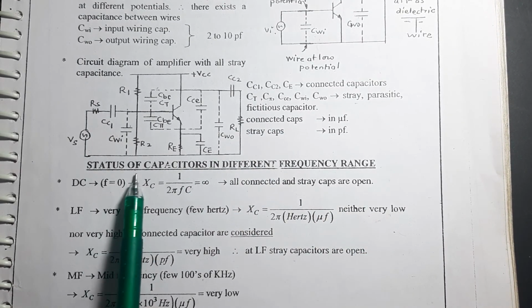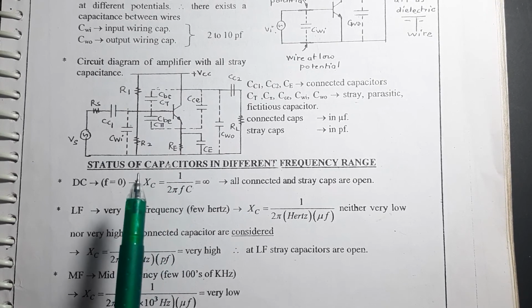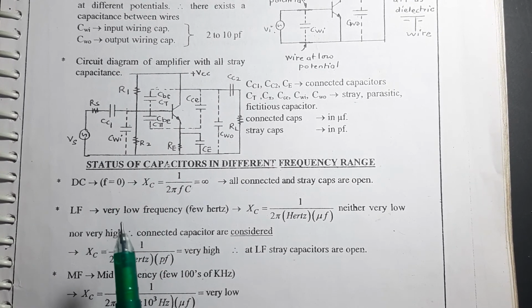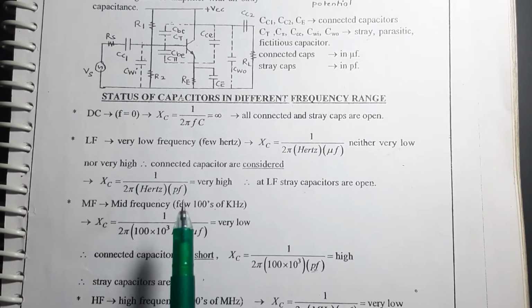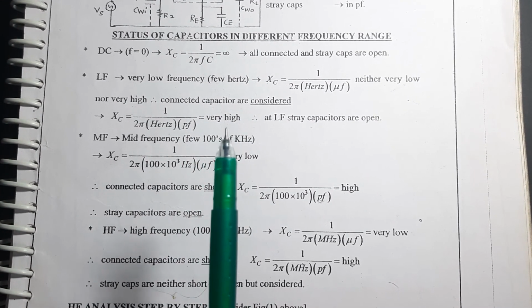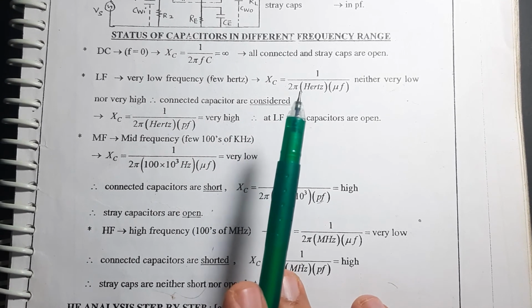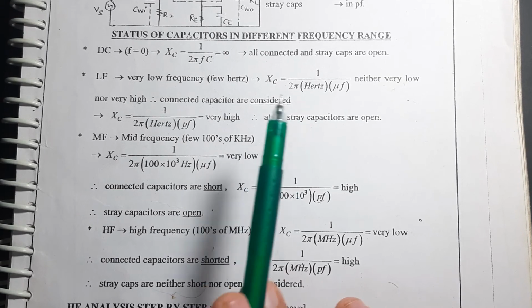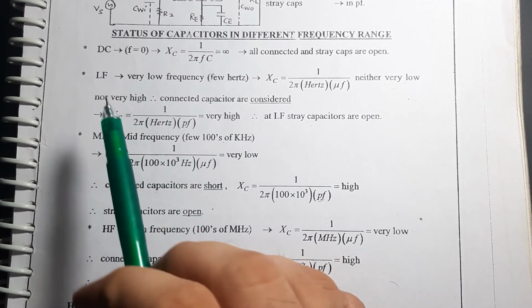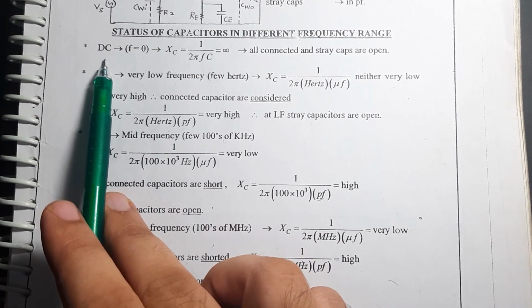Now we need to understand which capacitors are present in which frequency response. You have three frequency ranges: LF, MF and HF. What we studied up till now was simply MF. Now we'll deal with the status of the capacitors in all three conditions: the LF range, the MF range and the HF range. First we start with DC.